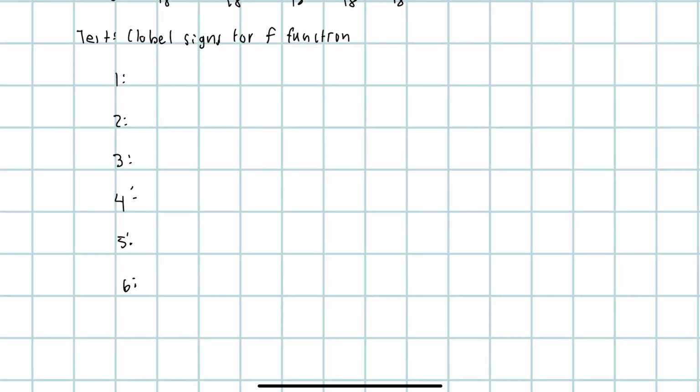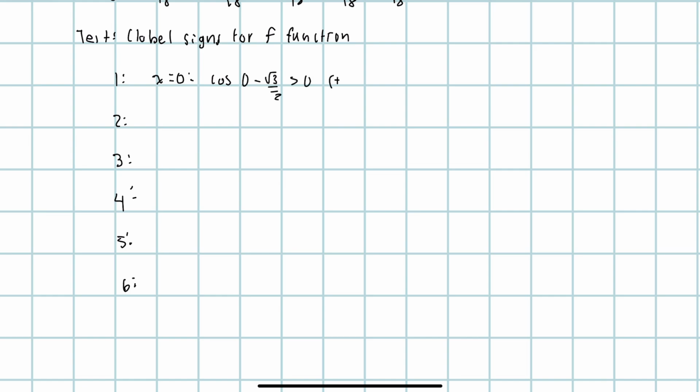We can start with x equal to 0. So we have cosine of 0 minus root 3 over 2, which is going to be greater than 0, so it's going to be positive. x equals pi over 6: that's going to be less than 0, so it's going to be negative.